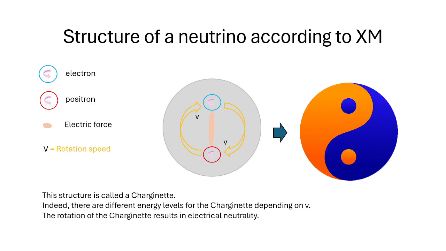It is modeled by a disk, like a yin and yang symbol. Indeed, there are different energy levels for the charge net depending on the v speed. The rotation of the charge nets results in electrical neutrality.